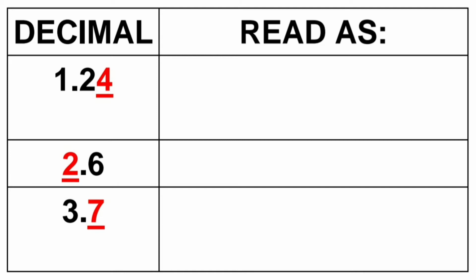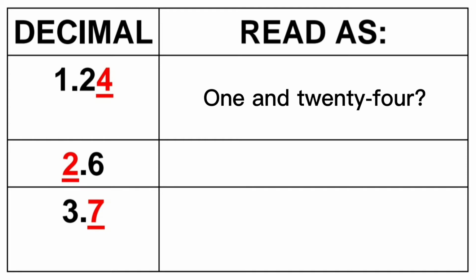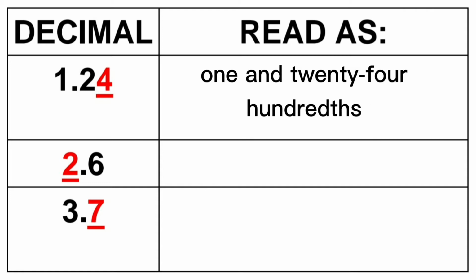Okay, Jara, what's your answer? Class, Jara said that the answer is 1 and 24. Is she correct, class? Anyone? Okay, Walma, what's your answer? The answer of Walma is 1 and 24 hundredths. Is Walma correct, guys? Okay, very good, Walma. Your answer is correct.